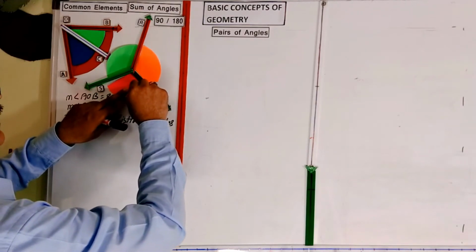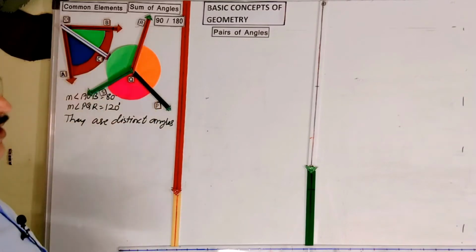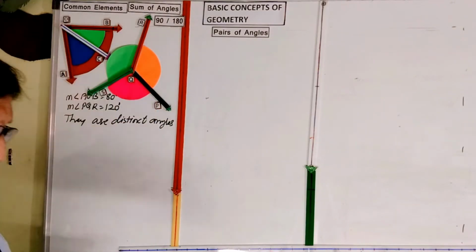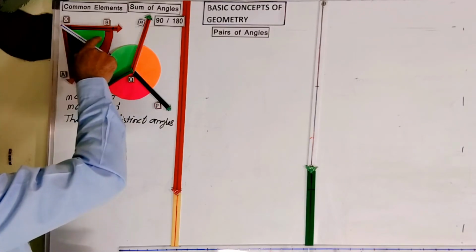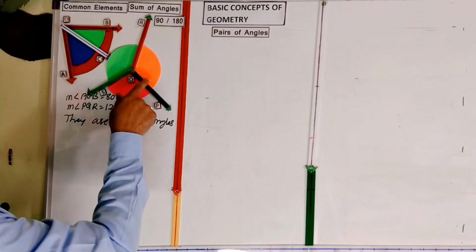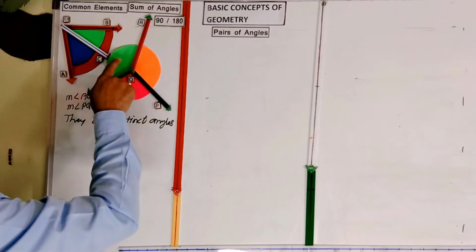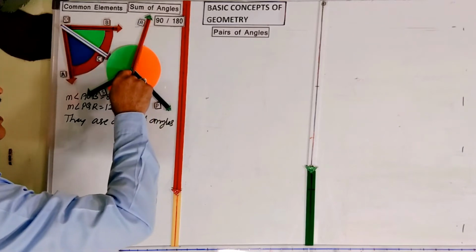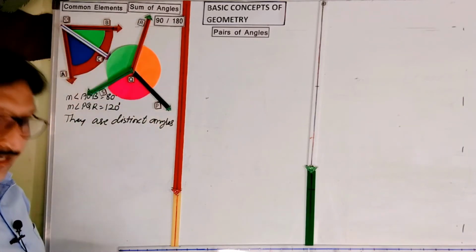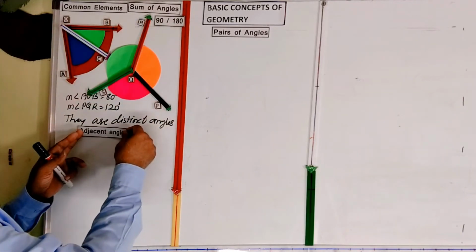Therefore, we can say there are two different interiors of the angle. Such angles, when there is one common ray and two distinct interiors, similarly here also, these are two different interiors and the common ray is QR, are said to be adjacent angles.